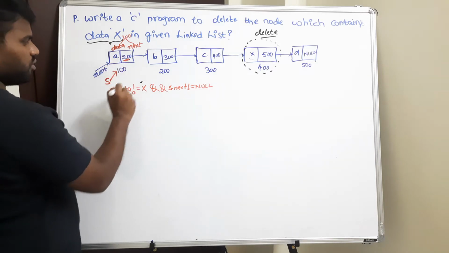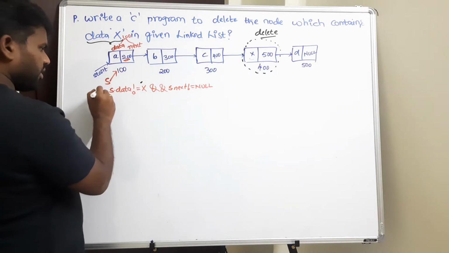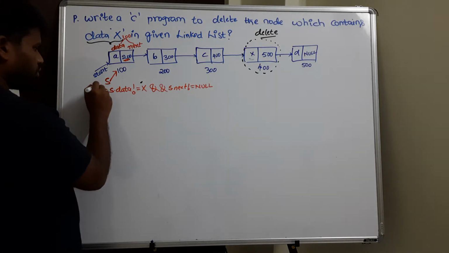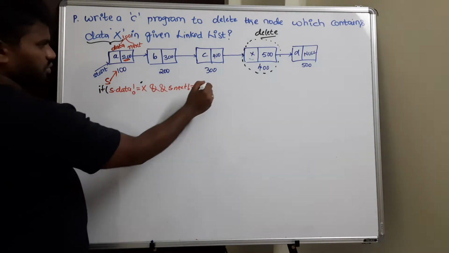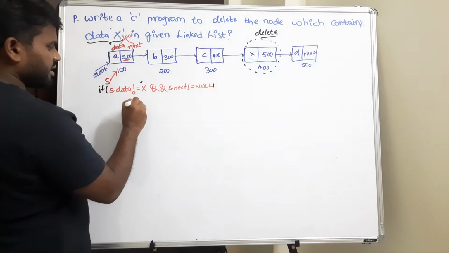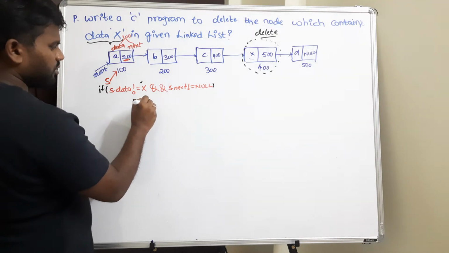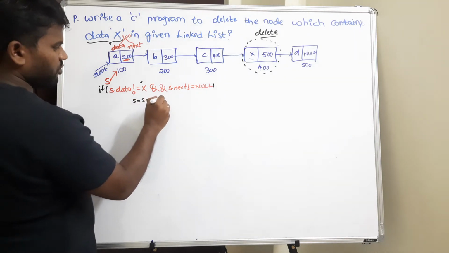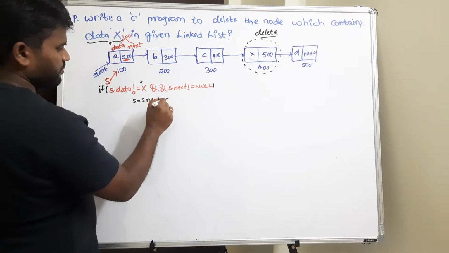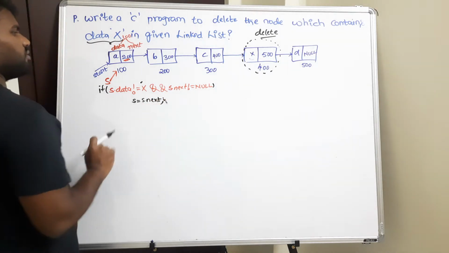If it is true, then we'll move to s is equal to s dot next. We'll move to the next node.